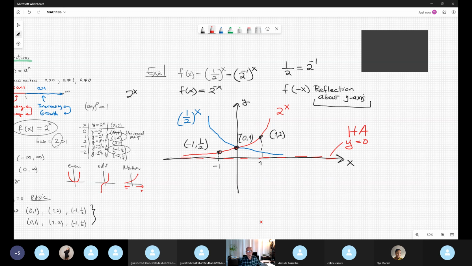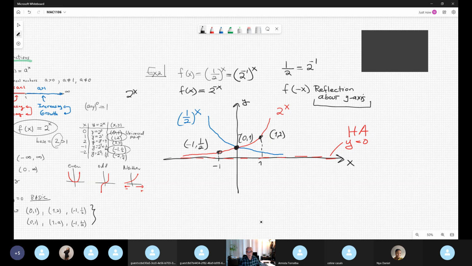Now, what happened with the blue? Well, the blue is similar. The blue is decay, decreasing, with the famous point (0, 1). This is universal, guys. Any exponential function passes through that point regardless of the base, whether it's 2, 3, 4, 1/3, 1/5, whatever.